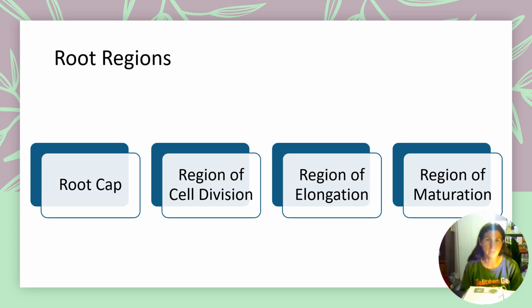In the region of elongation, it's about a centimeter long, and this is where the addition of secondary tissue is produced. The region of maturation is the top part of the root, and this is where the root hairs are formed, not the root stems.